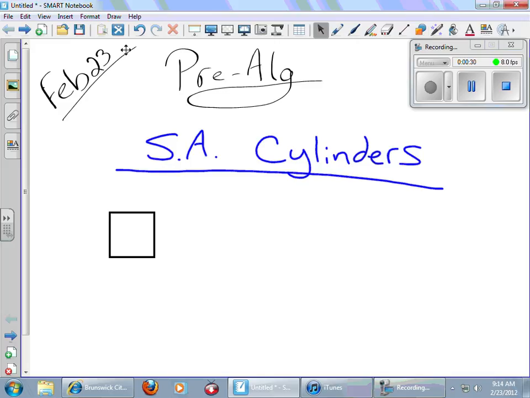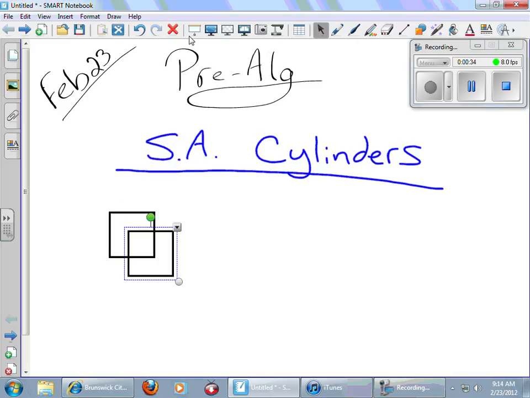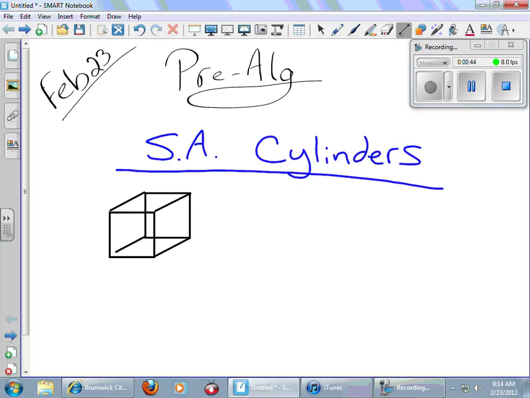If we have, say, a rectangular prism like this, we would break that shape up. Kind of looks like a cube. Can't guarantee it's a cube, but it looks like one. We break it up into its different shapes, right?